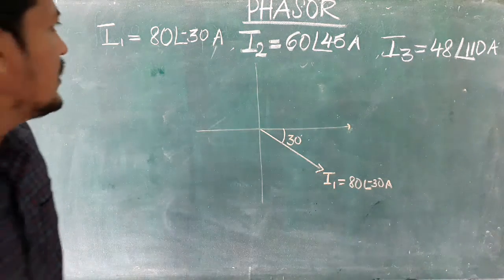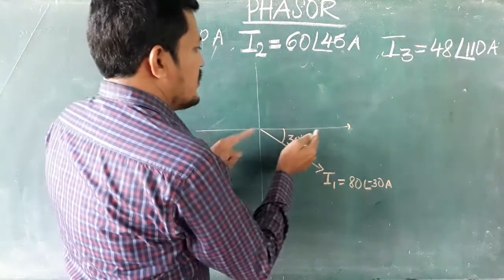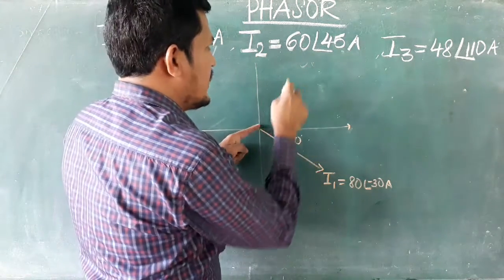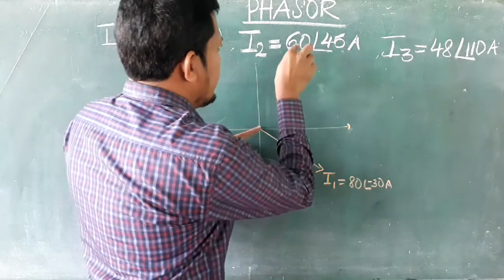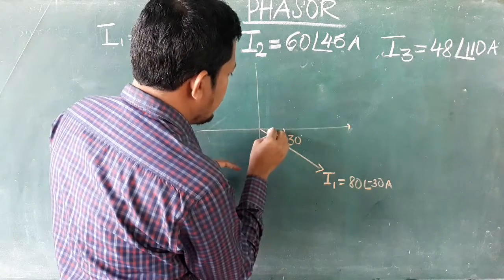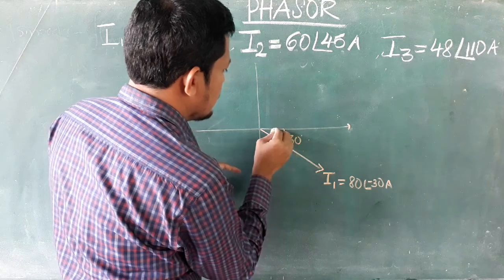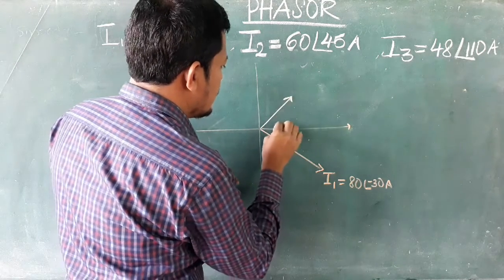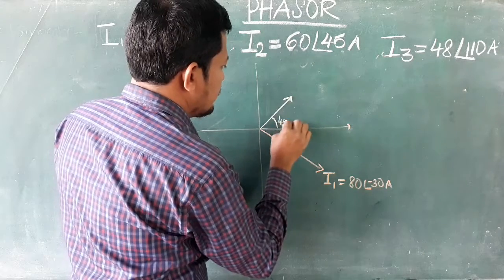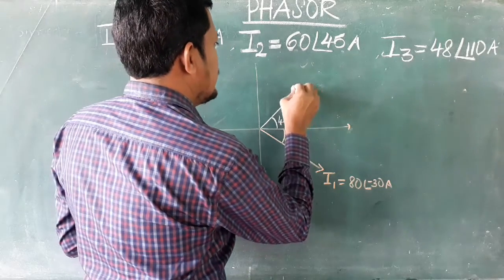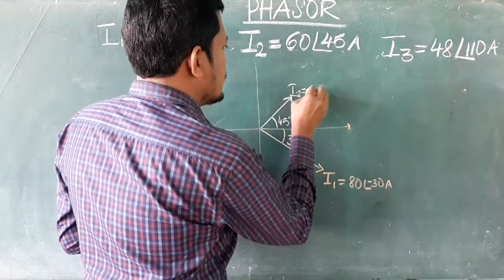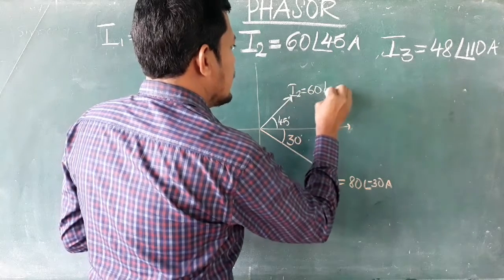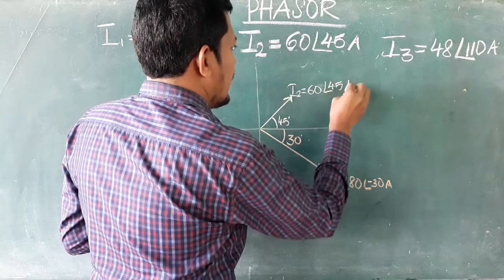Next is I2. I2 is plus 45, so it should be anti-clockwise direction and its magnitude is 60. So 45 degrees from the positive x-axis. 45 degrees comes here. So this is the 45 degrees. So this one is I2. So I2 equal to 60 at an angle 45 ampere.